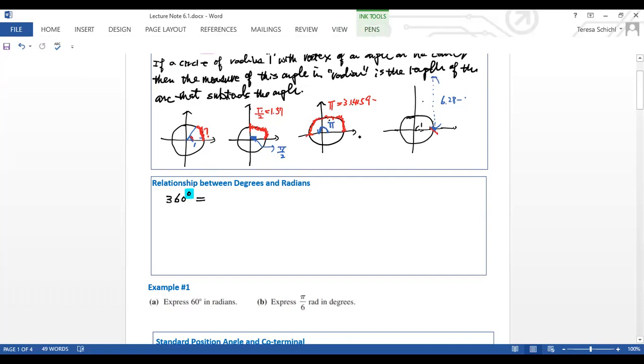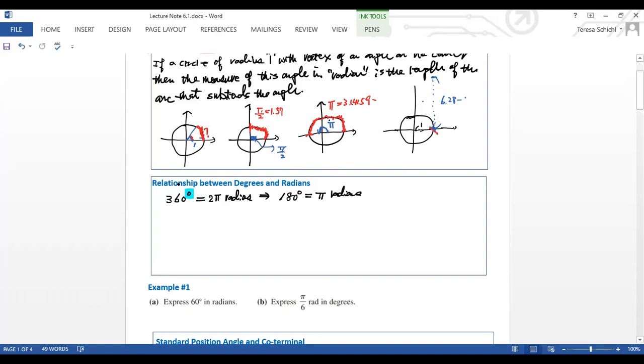The whole circle is 2 pi radians. If you simplify it a little bit, you get 180 degrees is equal to pi radians, because you divide both sides by 2.